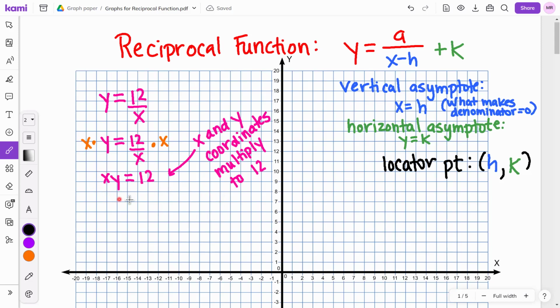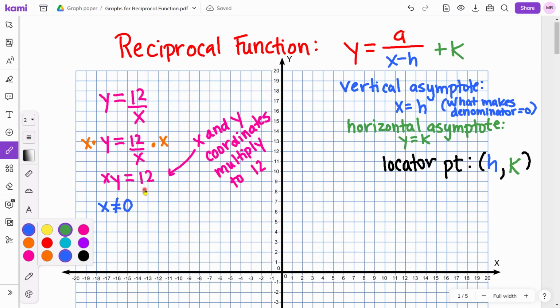Now, you also look at this and you'll notice that if I have two things multiplying to get me a 12, what cannot be true? Well, I cannot have either of them be a 0. So when I'm doing this, I cannot have x equals 0, because 0 times anything will get me 0.